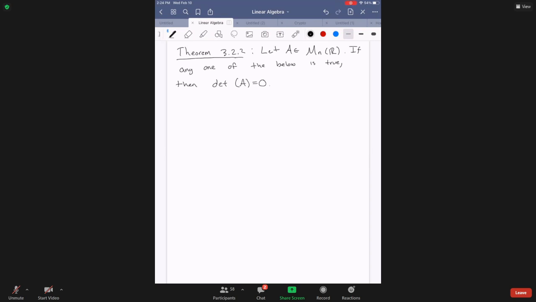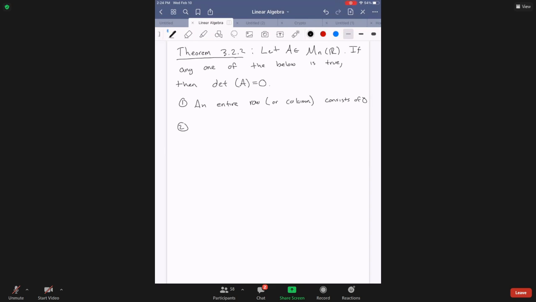Okay. So what are the 3 things? An entire row or column consists of 0.